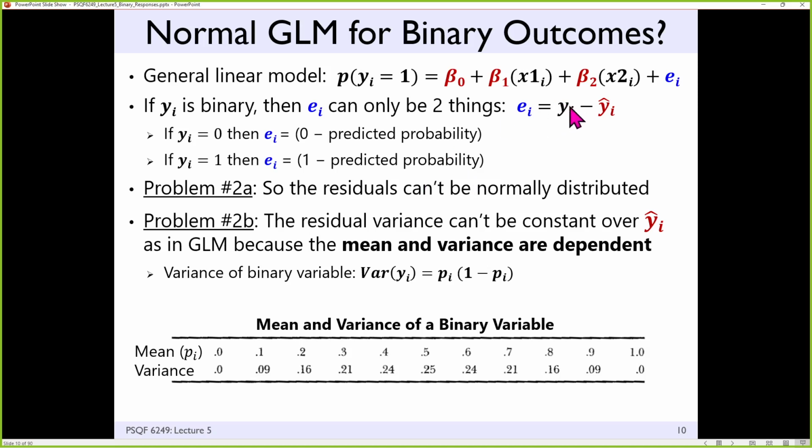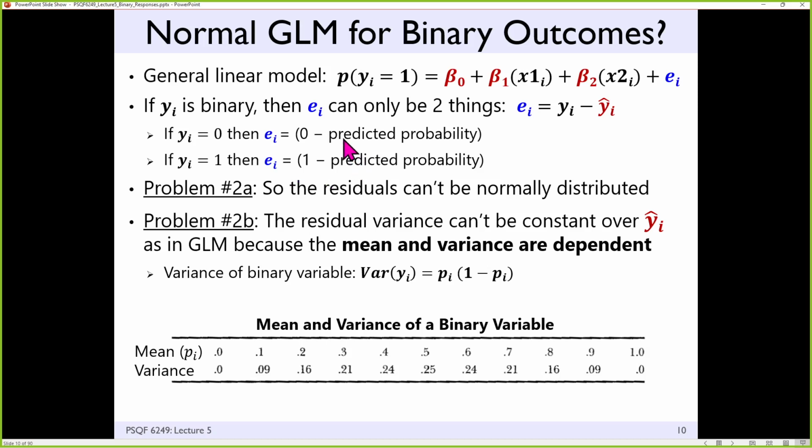So in our linear model, E is always the difference between what you actually have as y and what the model says you should have as y hat. So if y is 0 or 1, E can only have two different possible numbers. Either you're off from 0 by this much, or you're off from 1 by that much. That's it.